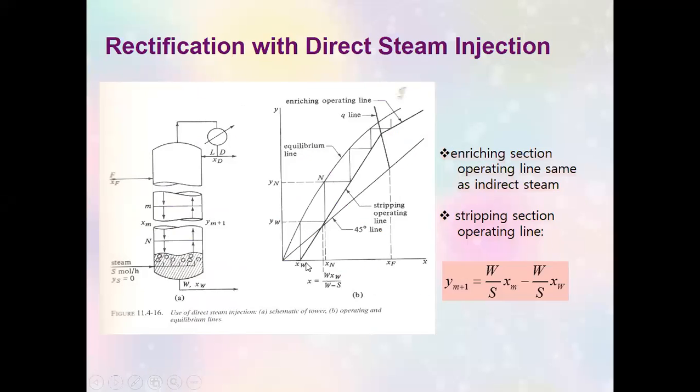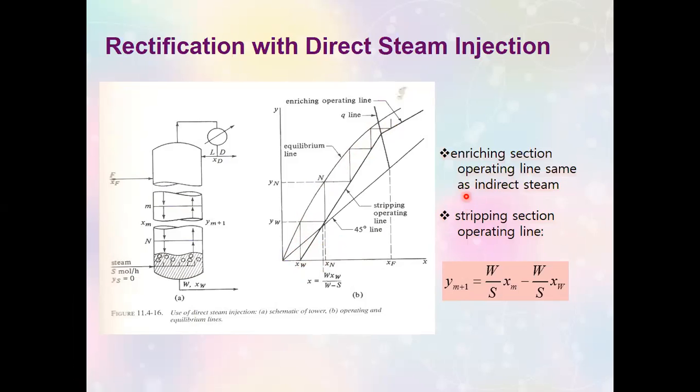Now, this is what it meant wherein it will require an extra fraction of the stage. So your bottoms liquid is not right on the 45-degree line, but rather right on the x-axis. So if you do the stepping off, for example, like this, you don't stop right here, but rather you stop off here. So this is the extra fraction that is being referred to here. The enriching section operating line is the same as in direct steam.